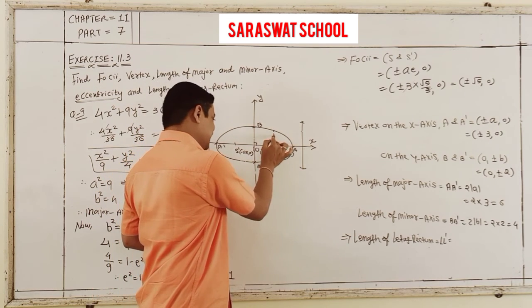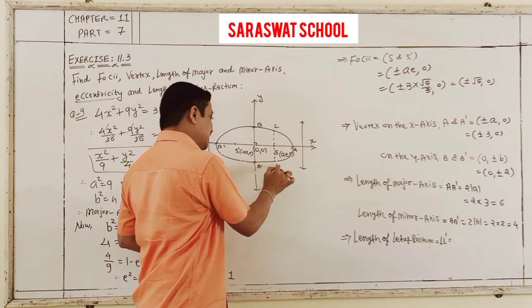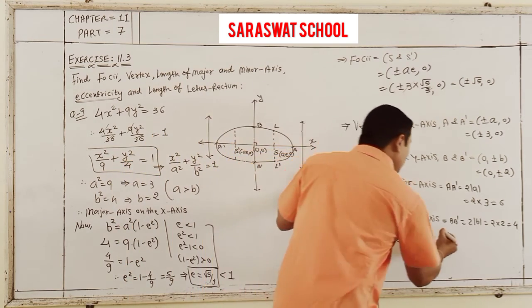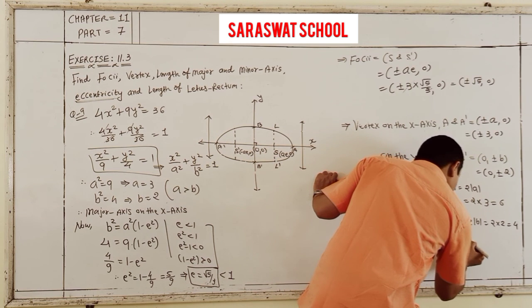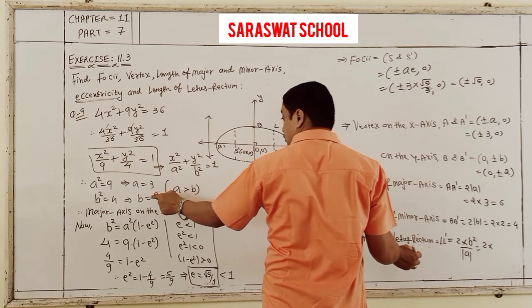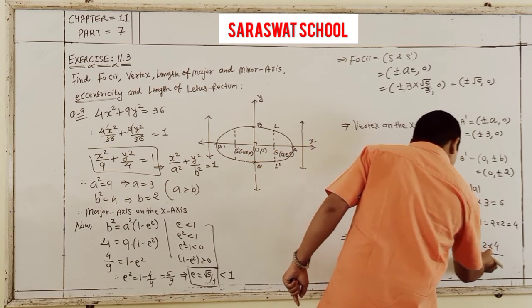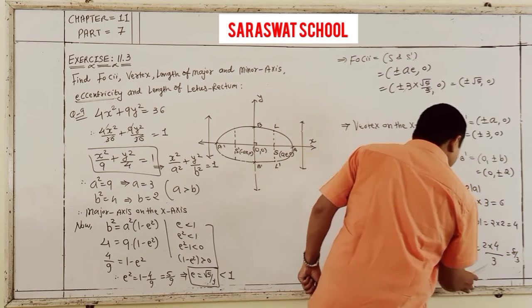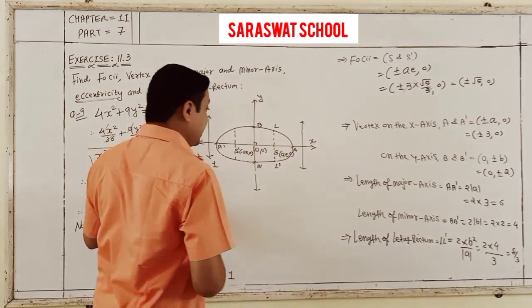This one students, this L and this L dash, either this side also same. And that length, according to your first case, is 2 b square by a magnitude. But what is the b square? b square, students, is 4. And a is exactly 3. My answer is 8 by 3.